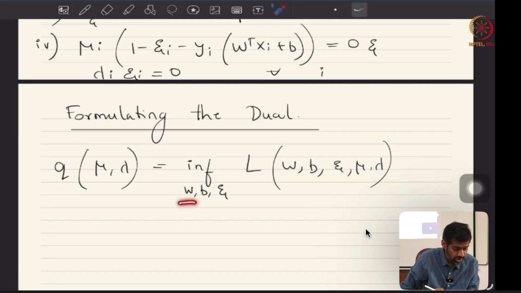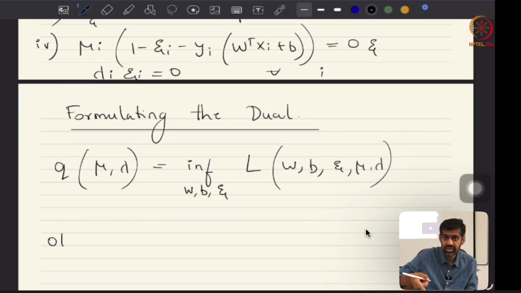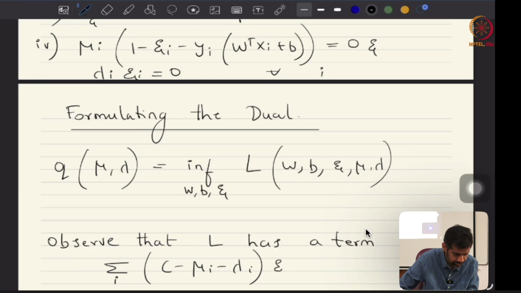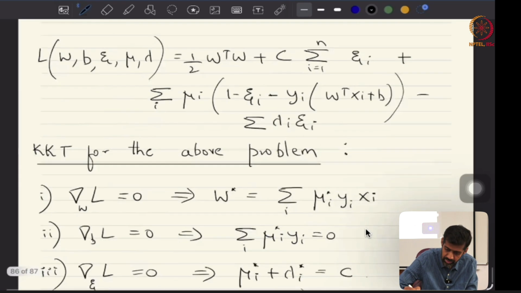Now observe, just like we put the constraints in the previous case while constructing the dual, you observe that L has this particular term, the sum of C minus mu_i minus lambda_i times xi_i. Where does this term come from?